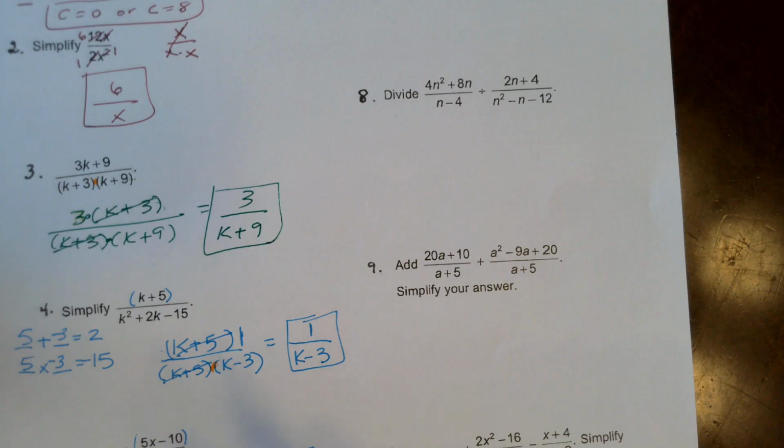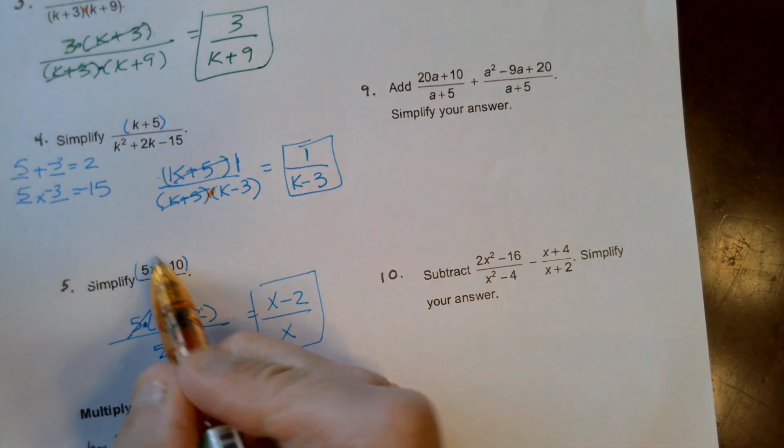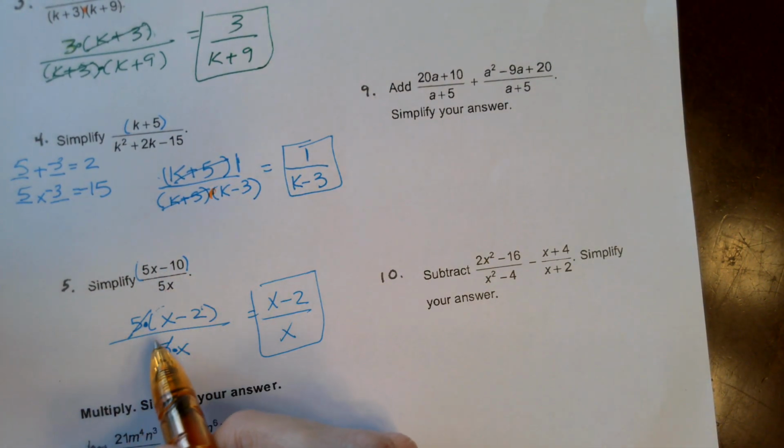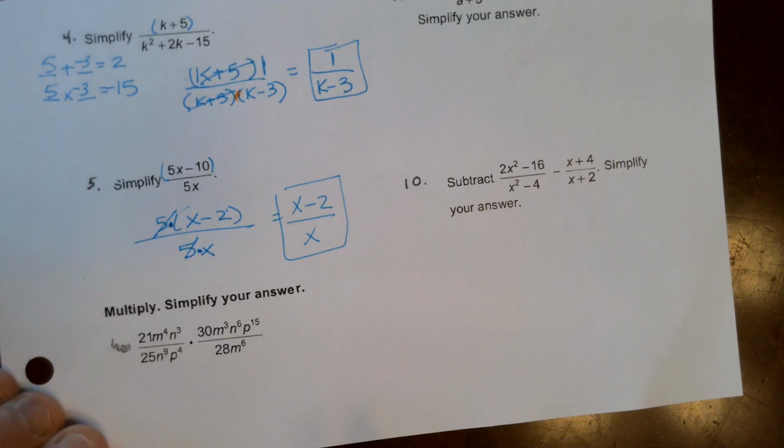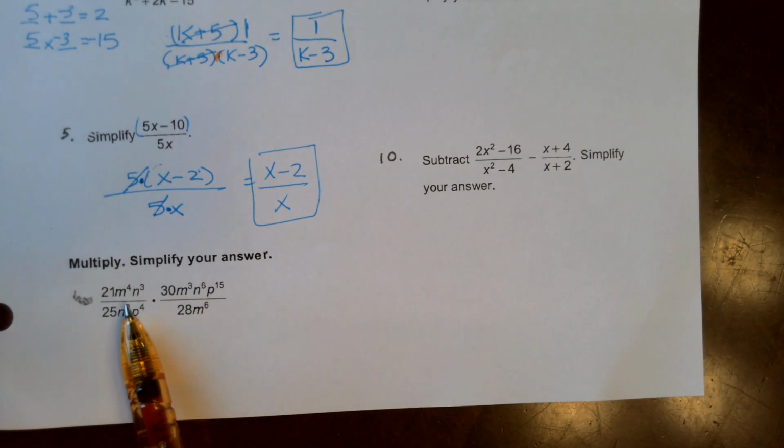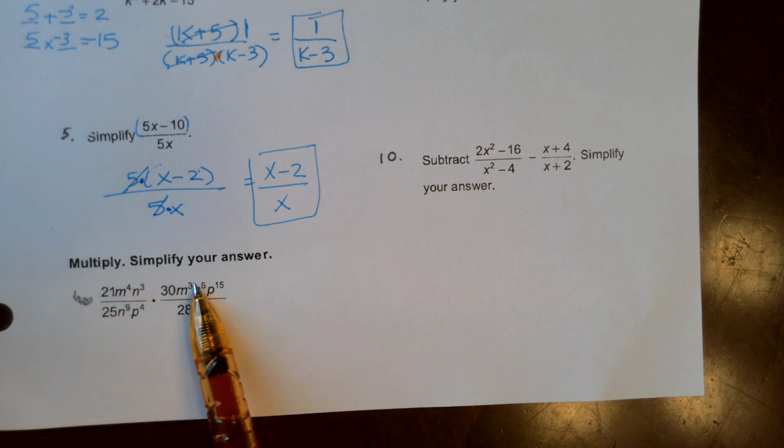Adding and subtracting. And then we have factoring again. Here, everything's just multiplied. And we have the division, of course, the fractions. But we can go through here and now cancel. And this is the part you have to be careful of.